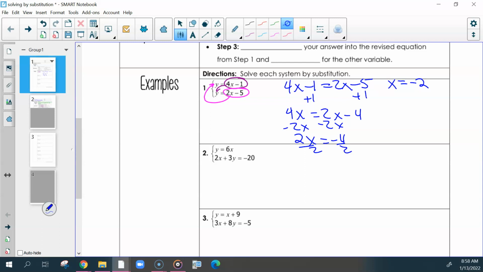Once you have one of your variables, then you're going to take that number and substitute it back into one of your equations to find your other variable. It does not matter which one you do. I'm going to do both to show you that they both work, but you don't need to do both. You could just pick one. So take one of these and put -2 into one of these equations.